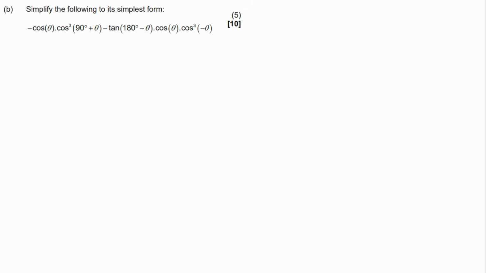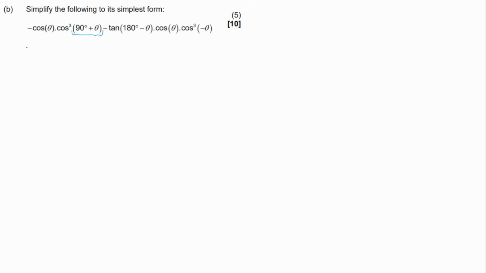Now we're given this thing over here, and we have to simplify it into its simplest form. And we have these 90 plus thetas, 180 minus thetas, and negative thetas. So what we need to be doing here is we need to be using our reduction formulas.